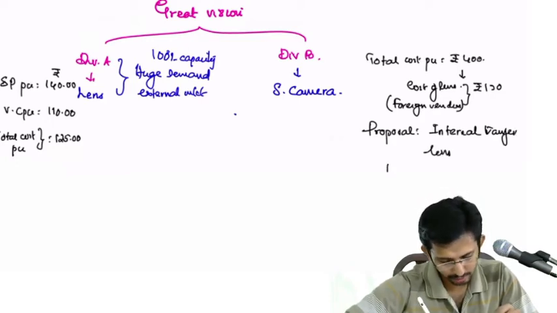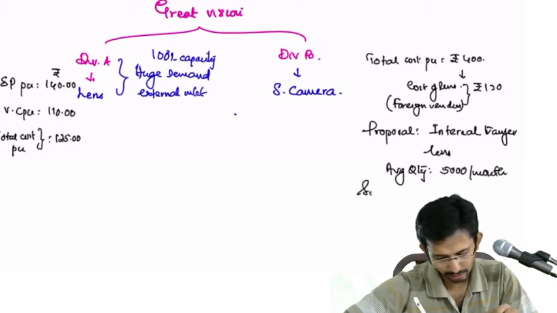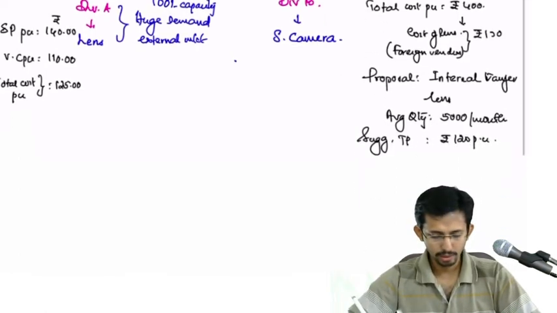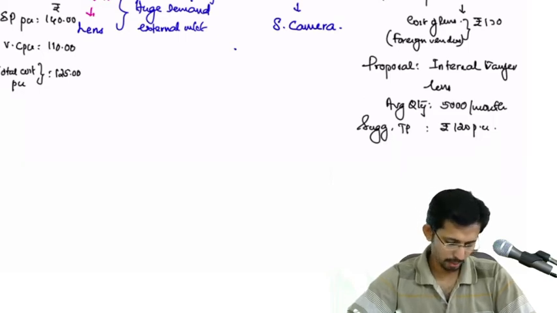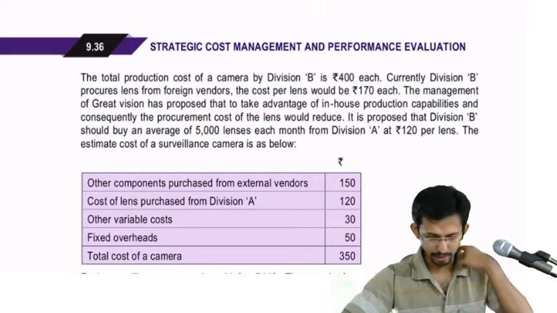And how much quantity? Average quantity 5,000 per month. And what is the suggested transfer price? Suggested transfer price is rupees 120 per lens, or per unit. So that is the information.